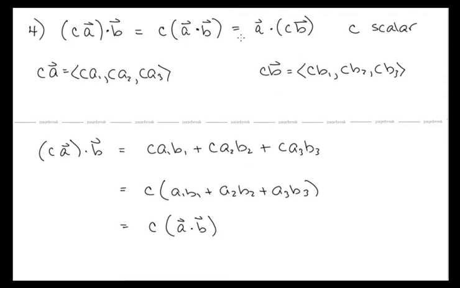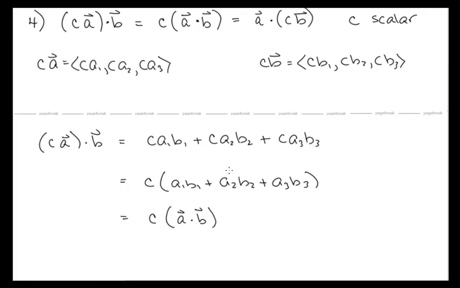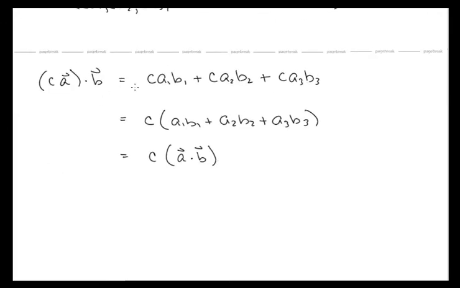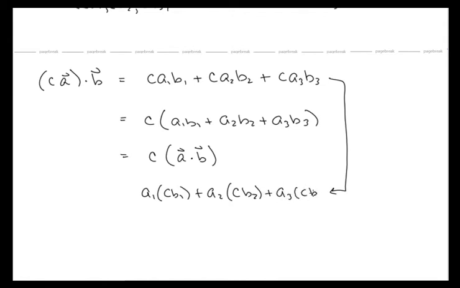To prove this second equal sign, let's go back to having it all distributed here, and then let's recollect it in a different way. So from here, we can go A1 times CB1 plus A2 times CB2 plus A3 times CB3, and then we can recognize this as A dot CB.